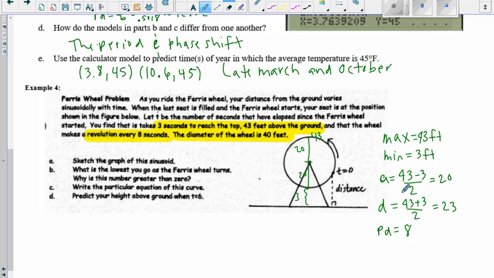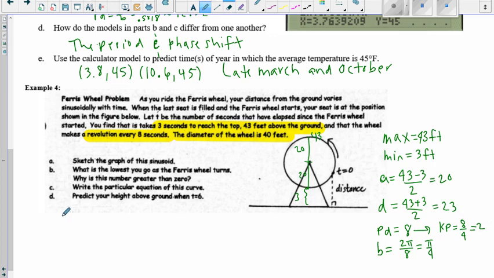Our b value would be 2 pi divided by the period, which is 8, so pi over 4. And our key points go by the period, 8 divided by 4, which is 2.